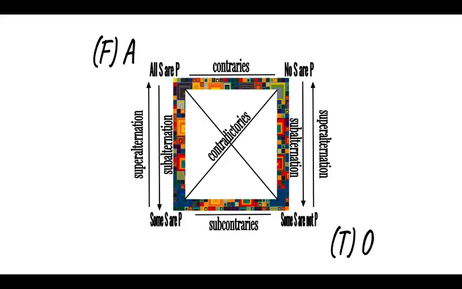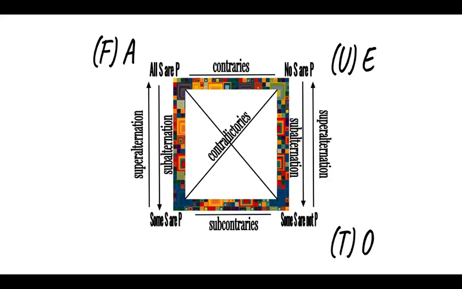Well, superalternation would be useful here on the right-hand side if that O sentence is false. Superalternation works this way. If the O is false, the E is false. But we got a true down there. That means you don't know what that is. Contraries won't help either because they can both be false. So you don't know if it's true or false.